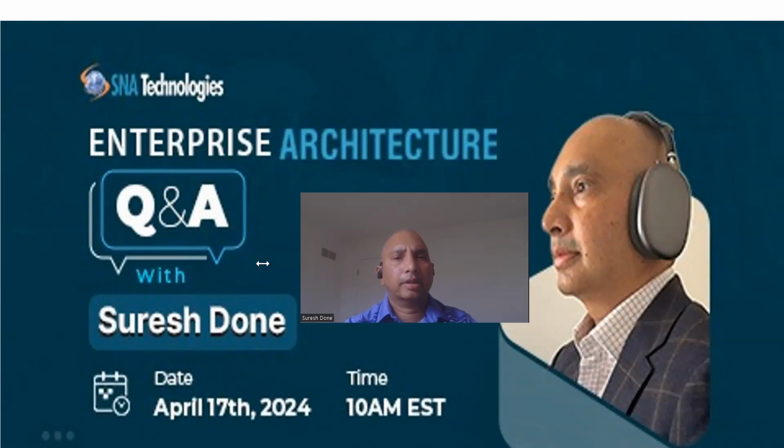Now let's see one question here. What is EA? From a recent graduate perspective, right? So, well, enterprise architecture is a discipline, right, where you strategize, right? So you come up with what the organization needs to accomplish, right, from a business perspective and from a technology perspective.